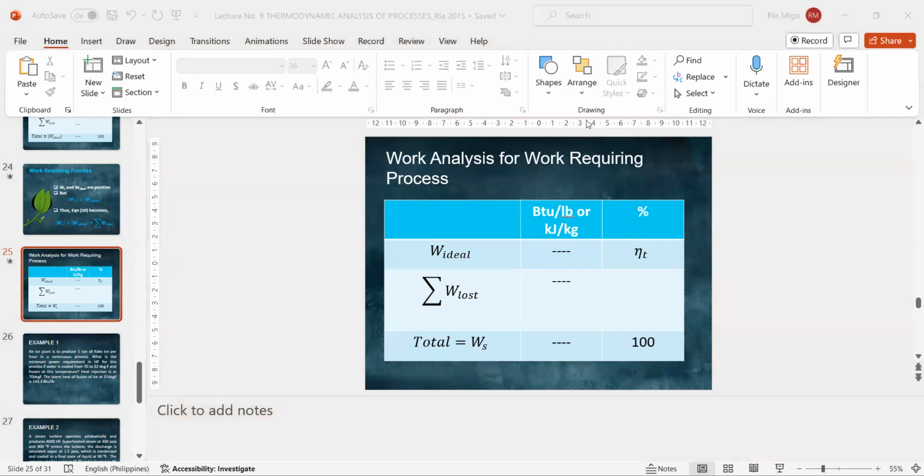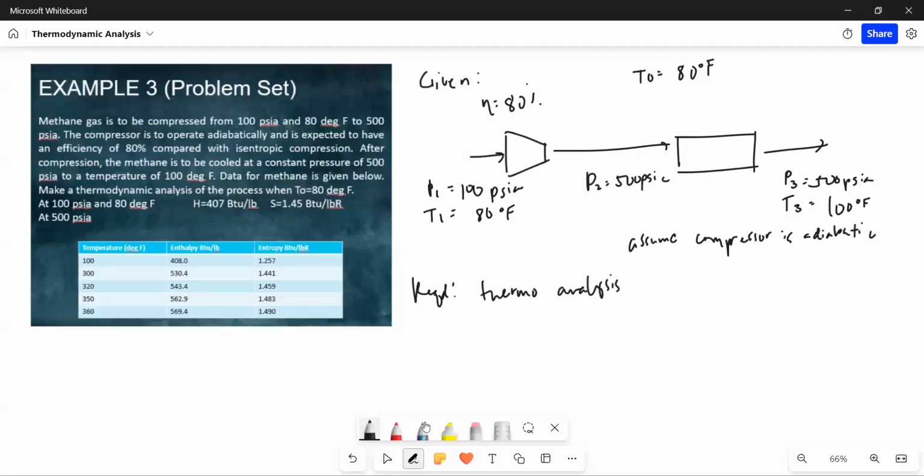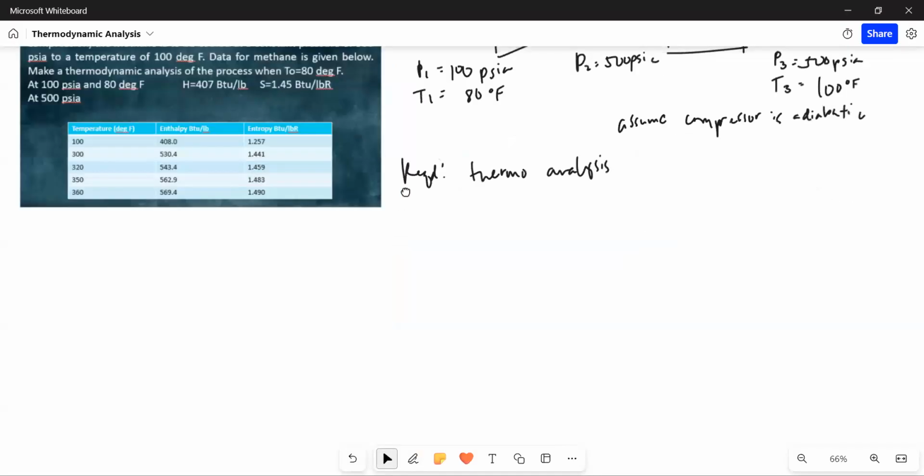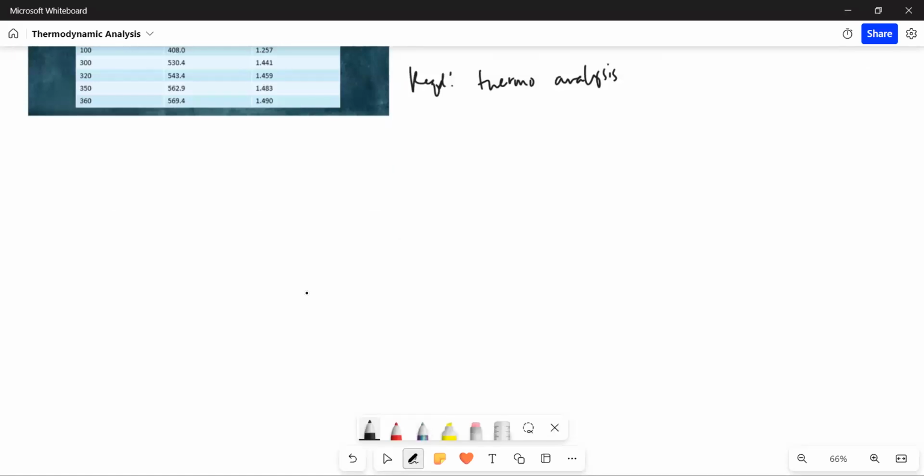Let's go back to the whiteboard. Let's find the properties at each of the points.